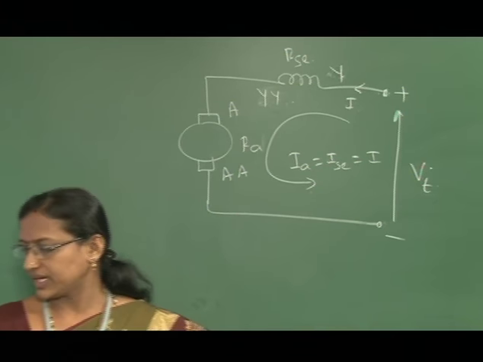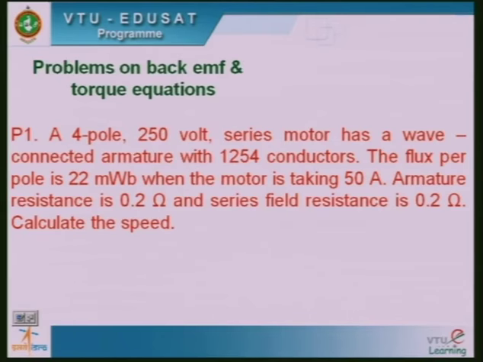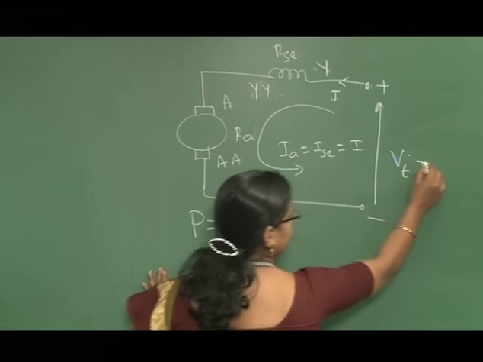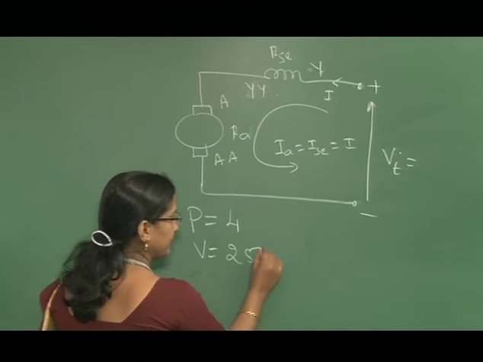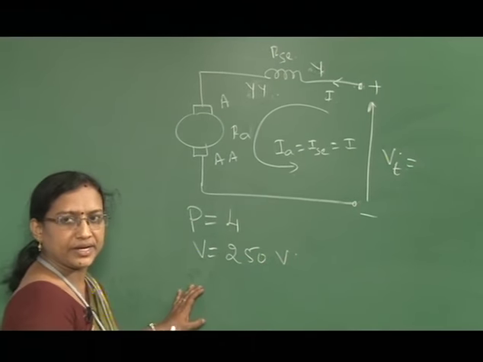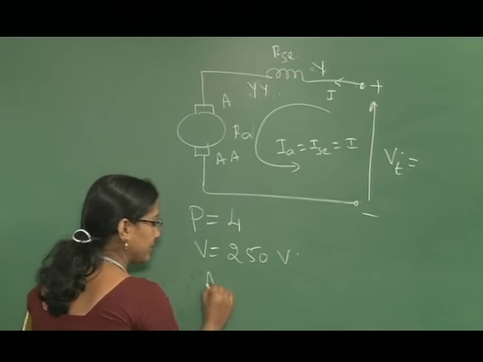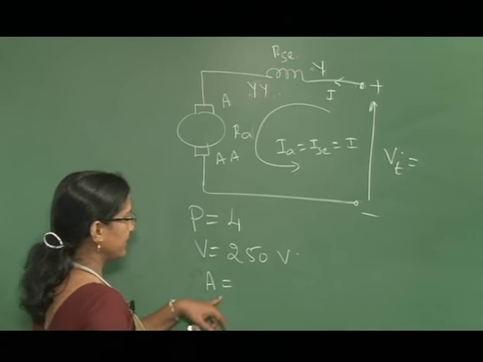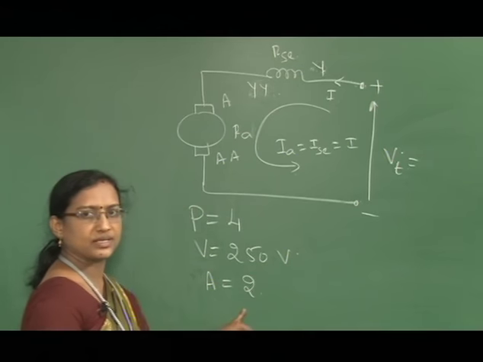So, now you collect the data given. That is the number of poles present in the motor is 4 and V is equal to 250 volt, and it has a wave connected armature. Wave connected means the number of parallel paths is equal to 2.